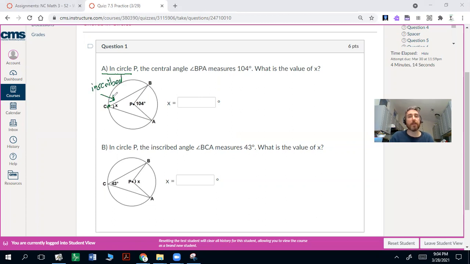So we know that that angle is going to be half of that central angle that opens up to that same arc AB. So I know that X is 1/2 of 104, or you could say 104 divided by 2. So if you need to use a calculator, that's fine. That would be 52 degrees. So we're going to put 52 in there.